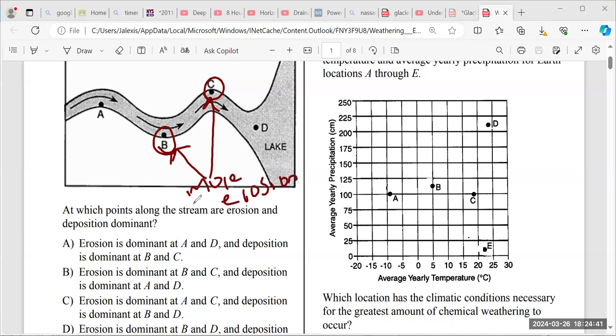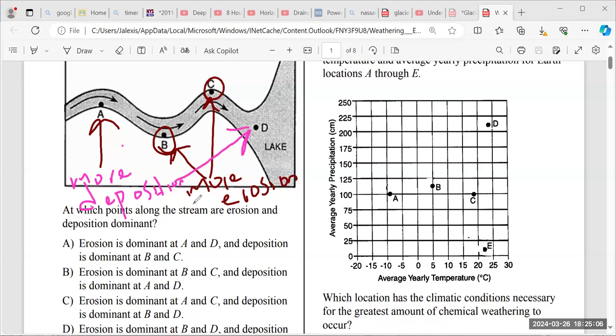When you're on the inside of the curve, like A, there's more deposition. There's also more deposition at D. You may be wondering why.